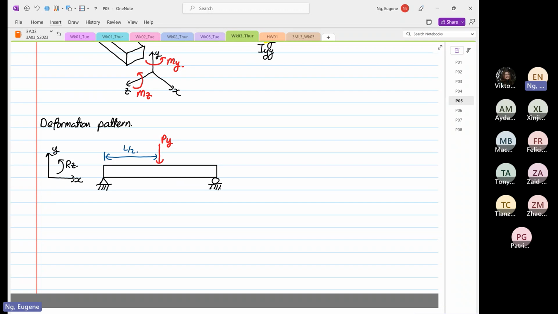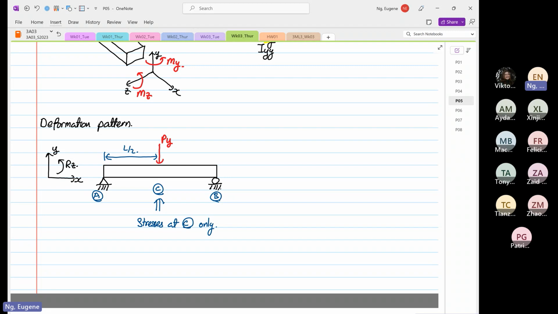So doing deformation, I'm going to call this our point A. This is our point B, and this is our point C. So we are going to focus on calculating our stresses. We will calculate our stresses at point C only. We are going to determine our stresses at point C only.